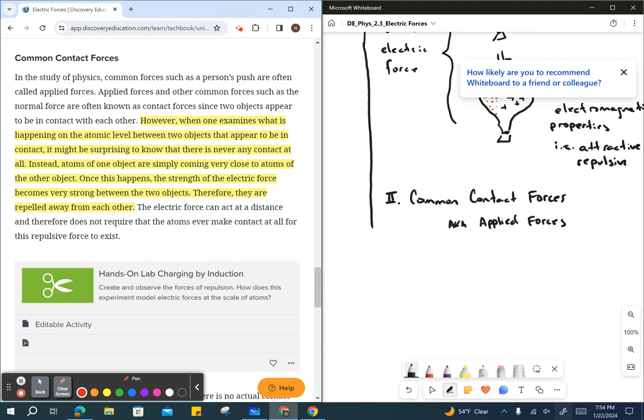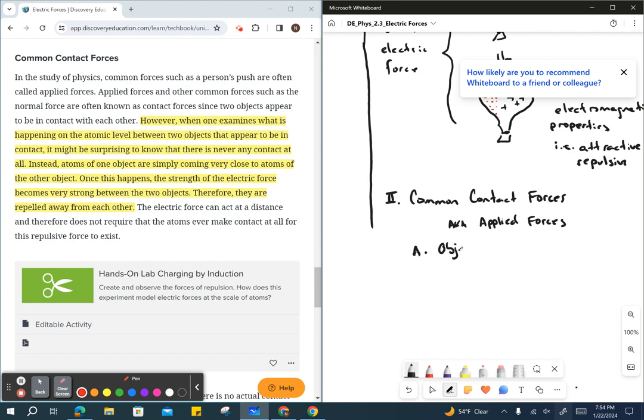Instead, atoms of one object are simply coming very close to atoms of the other object. Once this happens, the strength of the electric force becomes very strong between the two objects, therefore they are repelled away from each other. All right, so that is the take-home message. Common contact forces are just our imagination.